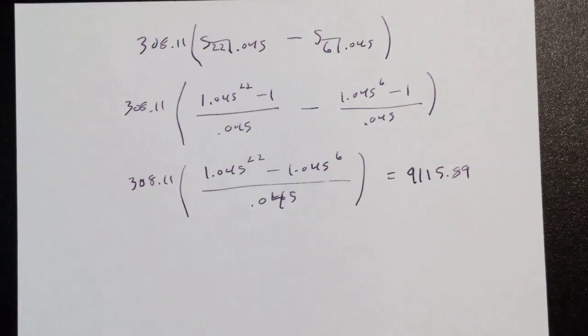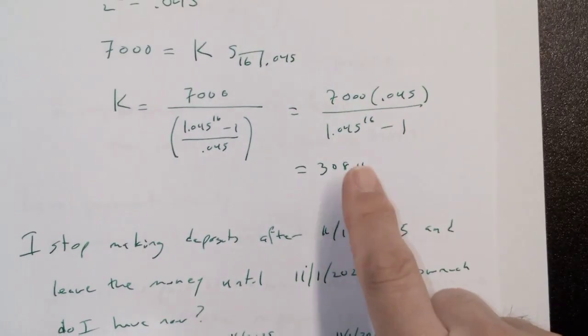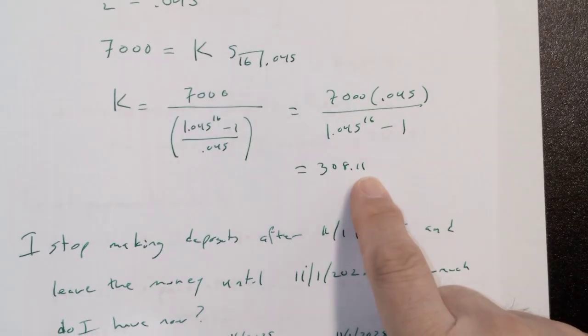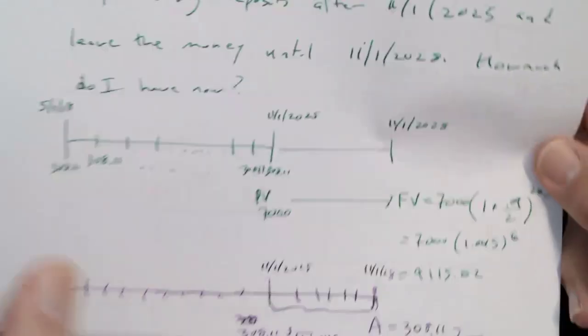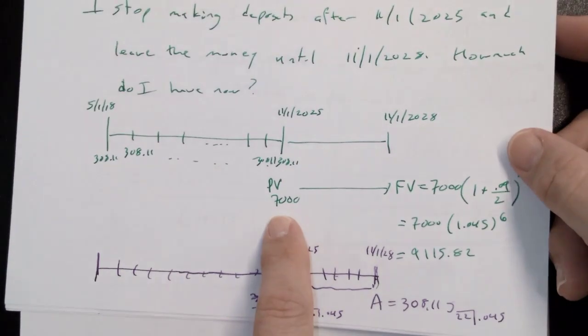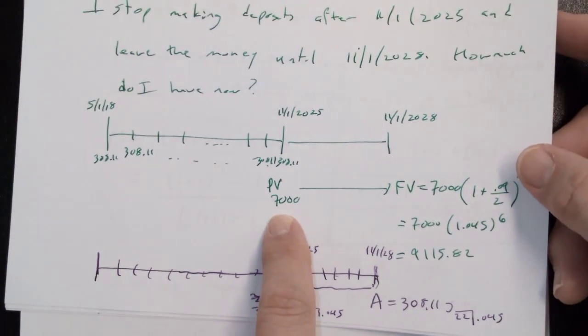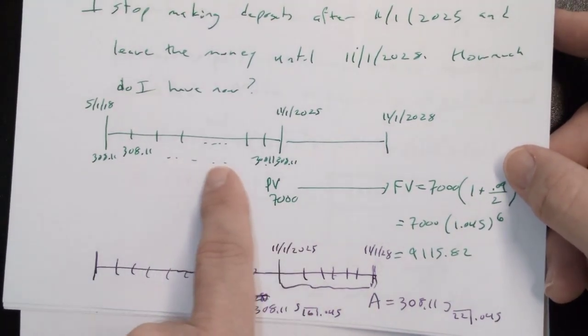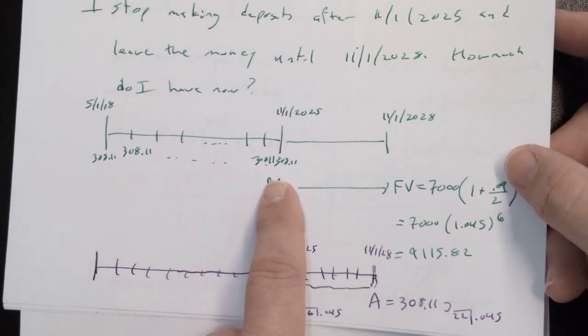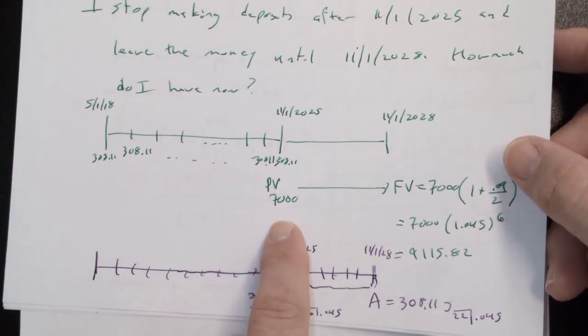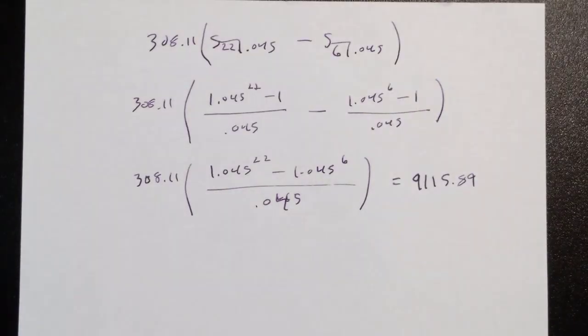Why am I off by 7 cents? When we did this calculation, this was rounded, wasn't it? So here, this would actually be slightly over because I rounded up by a couple hundredths of a cent or tenths of a cent here. And so this would be like 7,000.01 or 02, and that accumulation carries through.